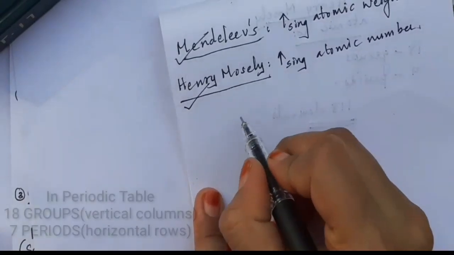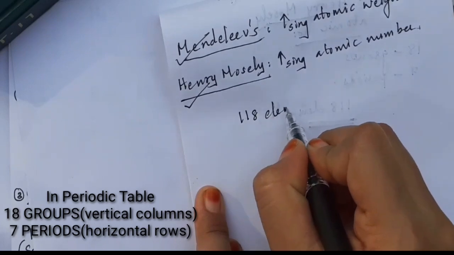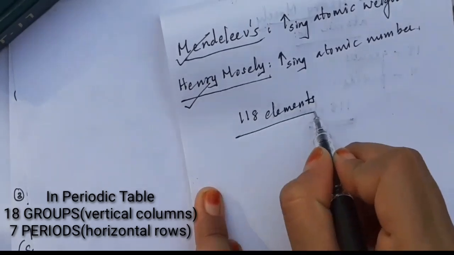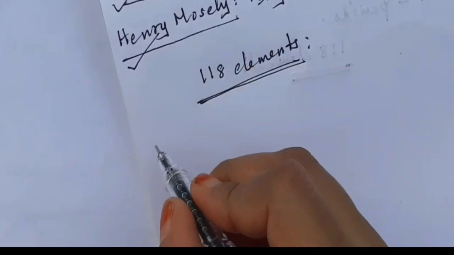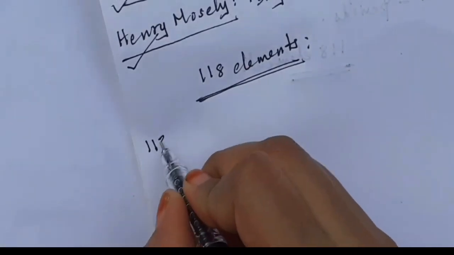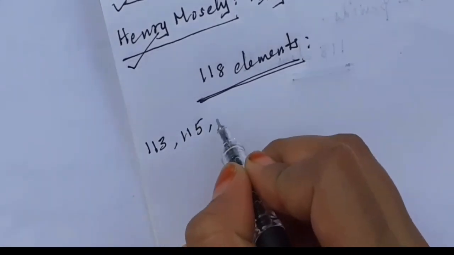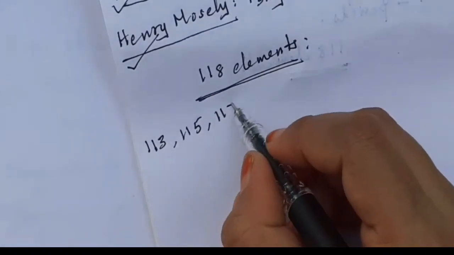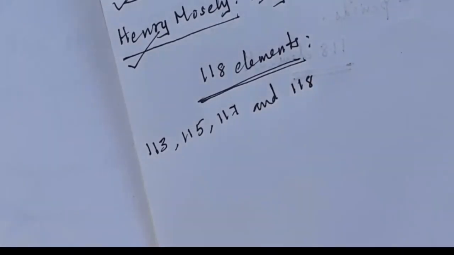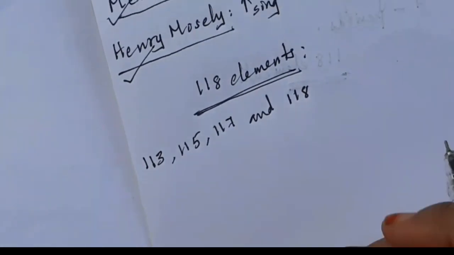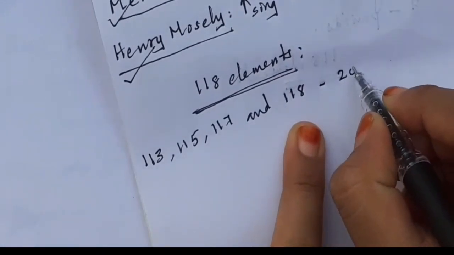There are 118 elements in total. The elements 113, 115, 117 and 118 are the most recent discoveries, and these were officially confirmed by the IUPAC in December 2015.